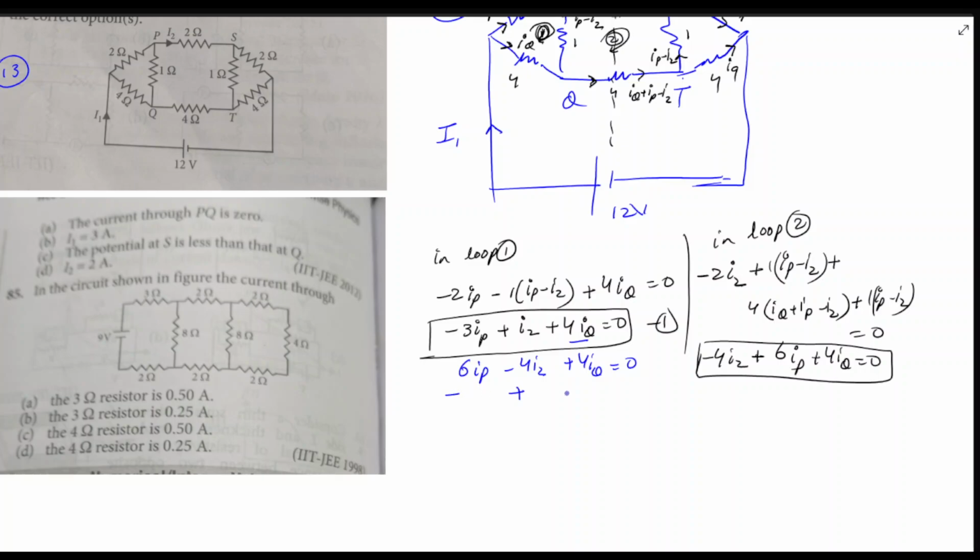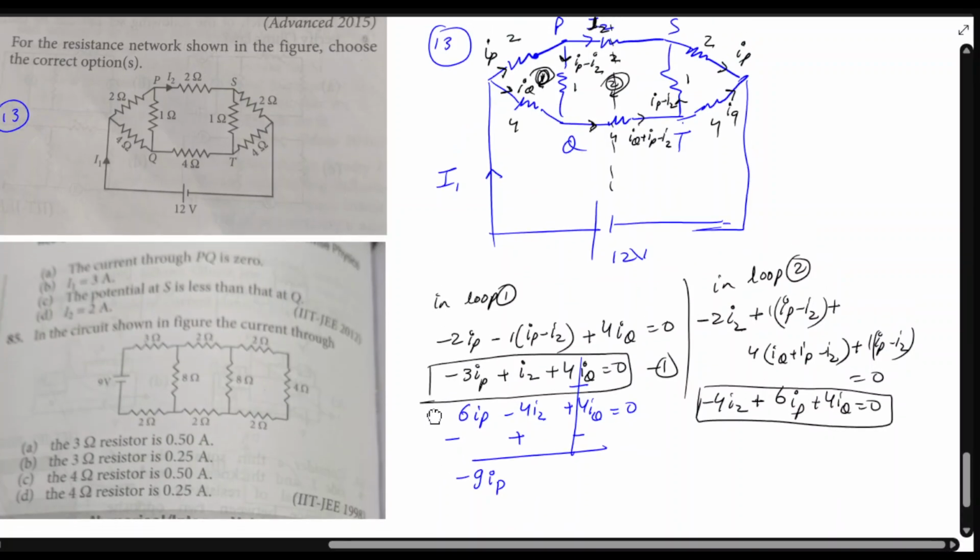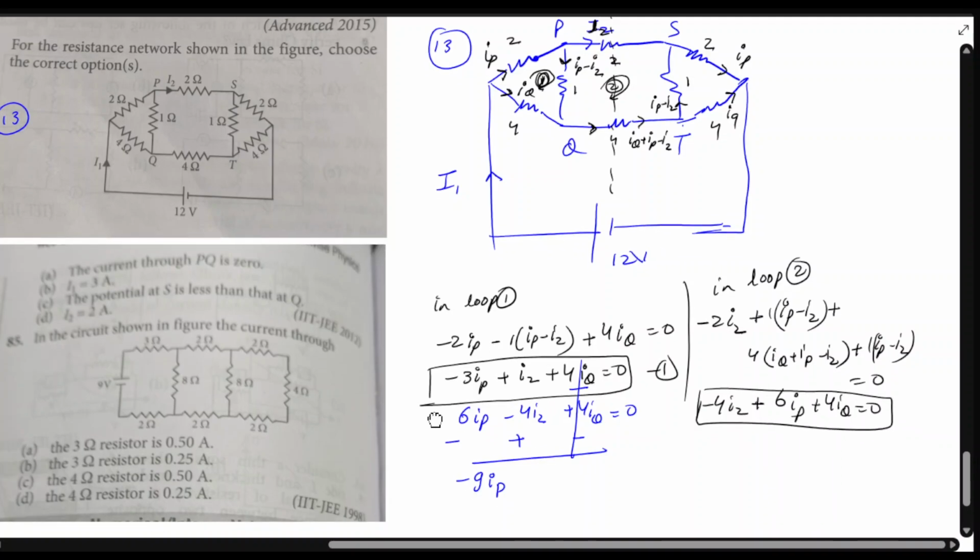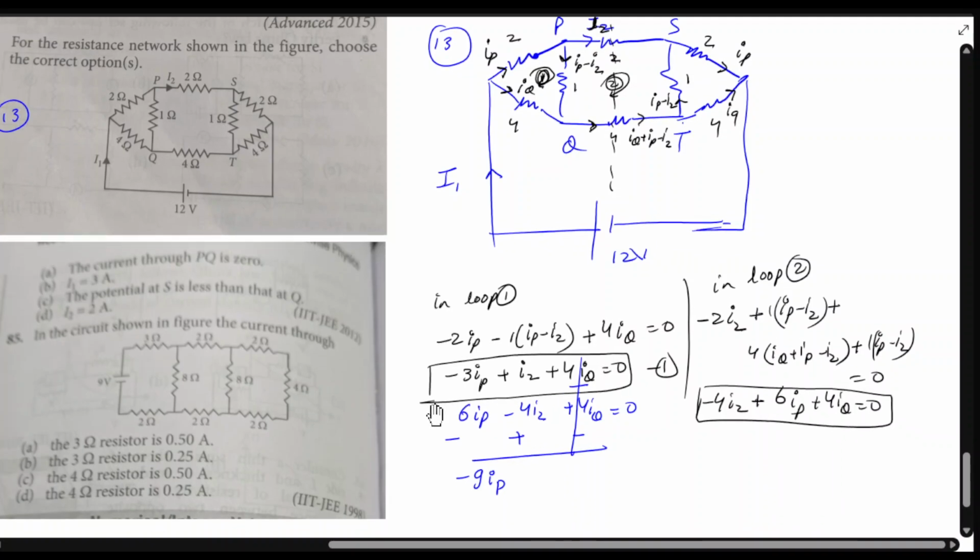This will be minus, this will be plus, this will be minus. So this will get cancelled, and we have this. It will be minus 9IP, right? There must be some mistake here, I think.